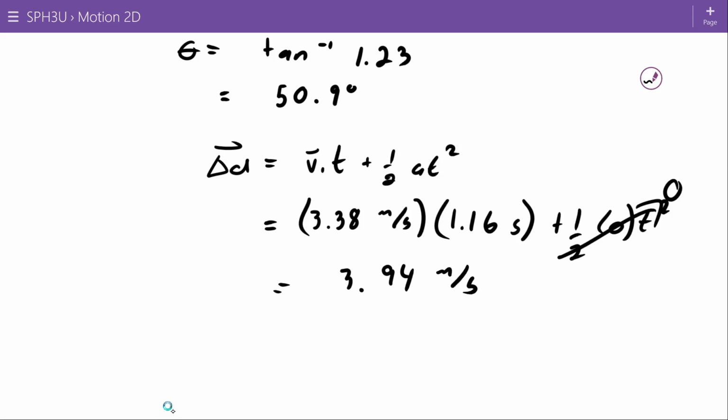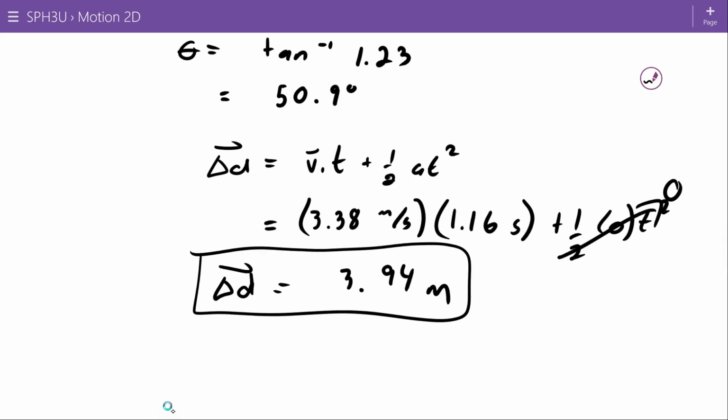Not meters per second, because I have a meters and a meters per second, just meters. So there you go, there's my horizontal range. And there is an example of how, if you have to calculate the impact velocity anyway, you can use your calculation for the impact velocity to avoid the quadratic that results from when you have a projectile that has a change in height as well as an initial velocity.